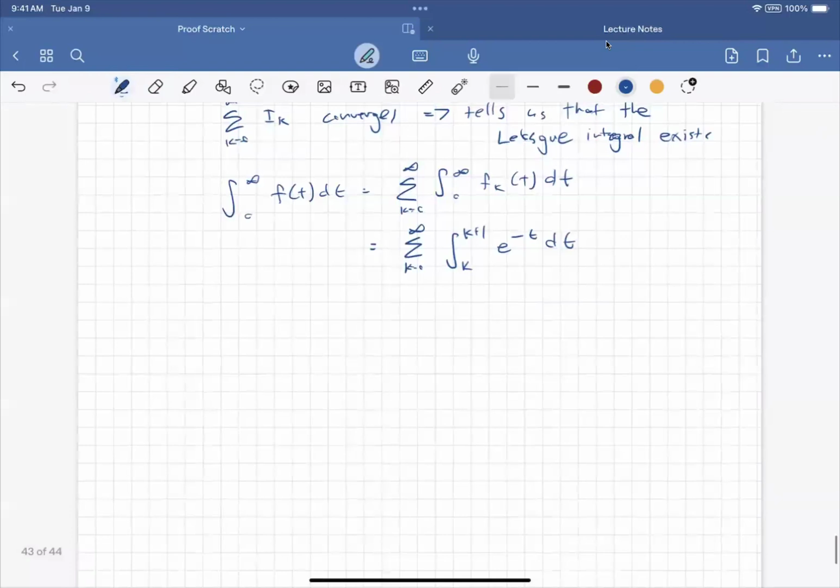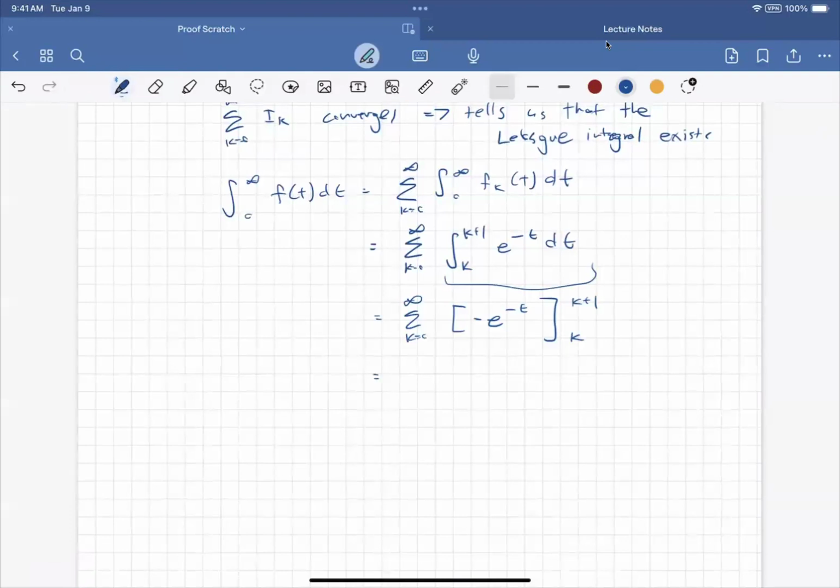Once we carry out the integration, this can be rewritten as the sum from k equals 0 to infinity of the integral. When you take the integral, it simply becomes negative e to the negative t, evaluated between k and k plus 1.